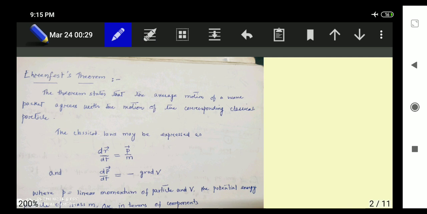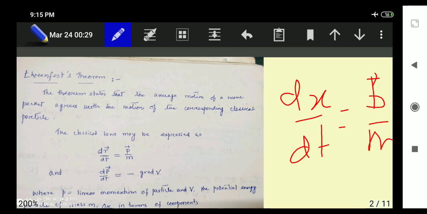The theorem states that the average motion of a wave packet agrees with the motion of the corresponding classical particle. For example, dr/dt, or you can write dx/dt for one dimension. dx/dt is equal to momentum divided by mass. Momentum divided by mass is nothing but mv.